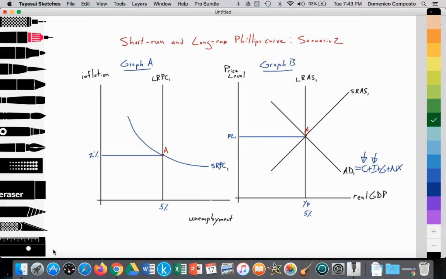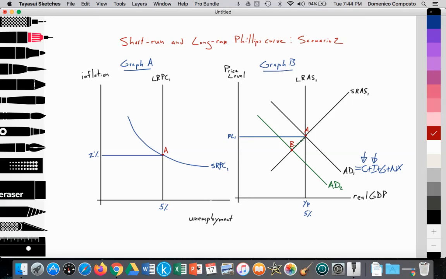So we'll have it shift in from AD1 to AD2. And as a result of the fall in aggregate demand, we see that the quantity of aggregate supply is decreasing along the short-run aggregate supply curve from point A to the new equilibrium of point B.